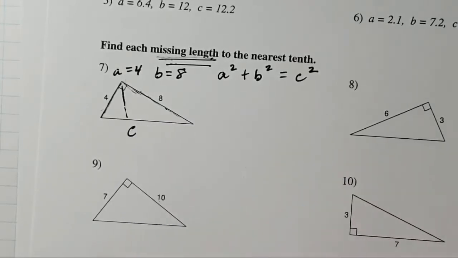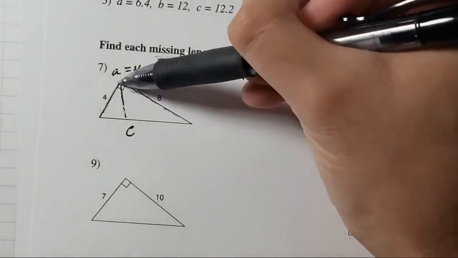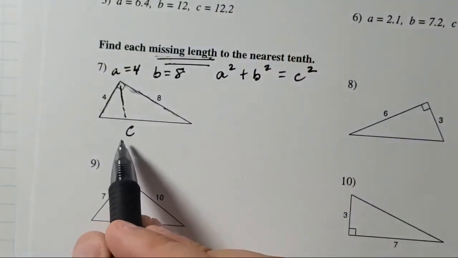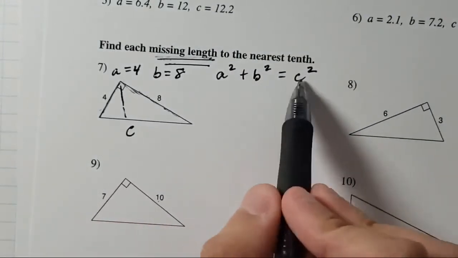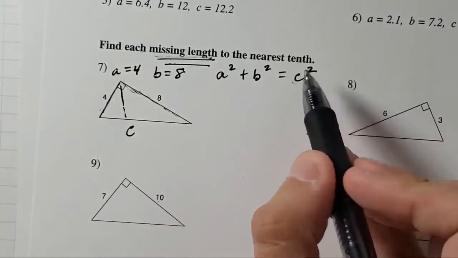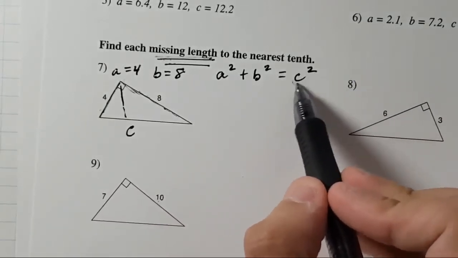So you really want to recognize the fact that this line going away from the right angle has to be the c. That has to be the hypotenuse for this equation, the c squared, the c.